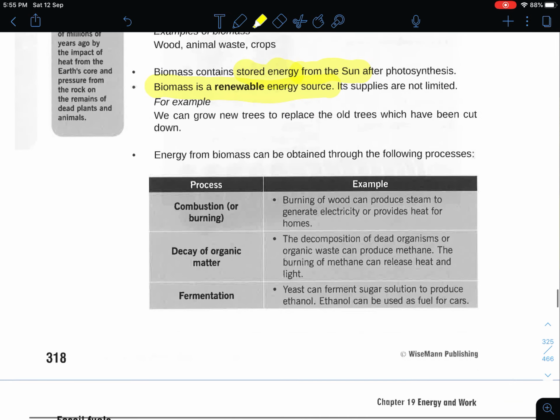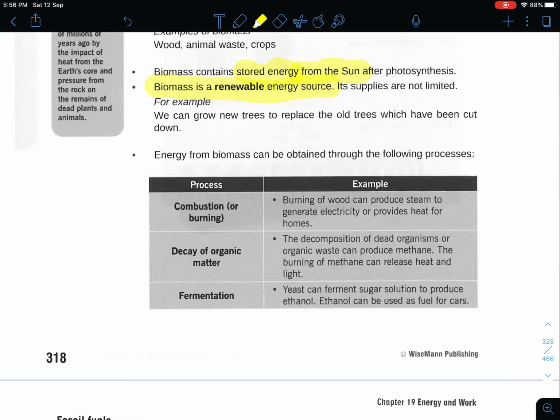Okay, so what are some of the processes where such biomass energy can be used? There is combustion, which is the burning of your biomass to generate enough steam to help turn the turbine at the electrical factories to generate electricity that can be used for homes, like for heat and any other purposes.